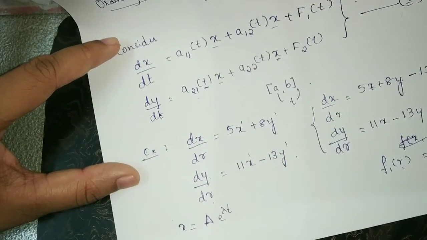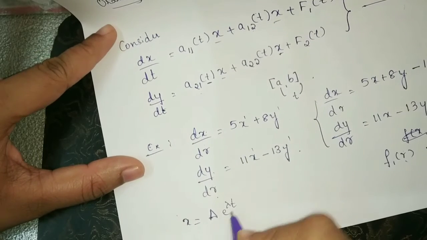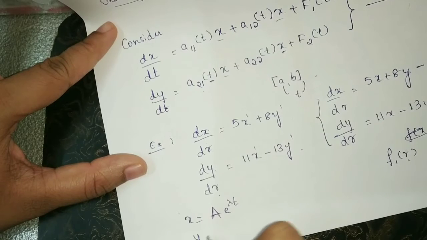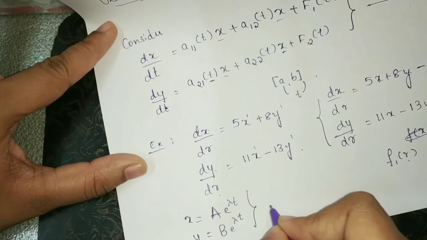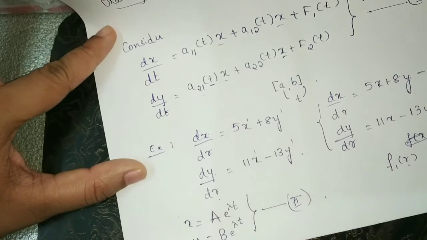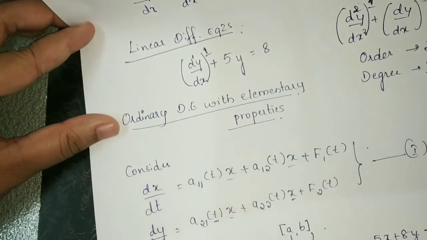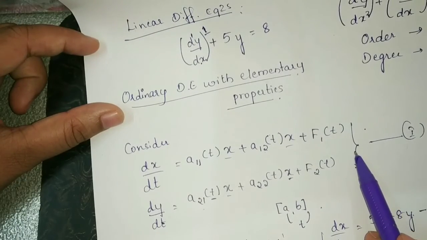Hence, we attempt to determine a solution in the form x equal to capital A into e raised to lambda t and y equal to B into e raised to lambda t. Call this equation 2. So first we have taken the set of differential equations which we call equation 1.